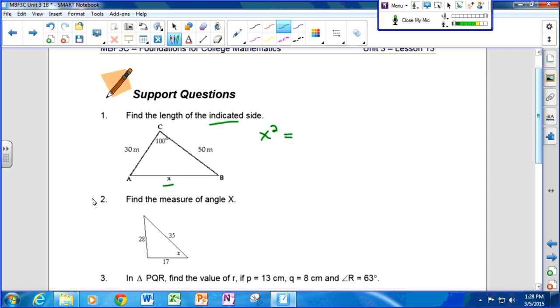We got little a, which is 50 squared, plus little b, which is 30 squared, minus 2 times 50 times 30, and then the cos of the angle opposite little x here, which is going to be 100 degrees. I think we got everything we need right there.